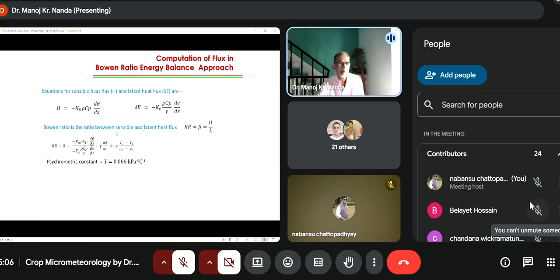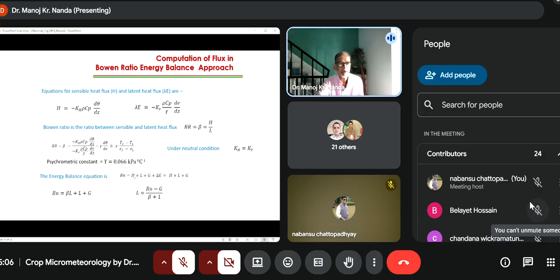So if I get the measurement of T and e of air at 1 meter and 5 or 6 meter height, this difference will tell me how this Bowen ratio behaves. Now, under neutral condition, KH is equal to KW, so it is easy to cancel these things.